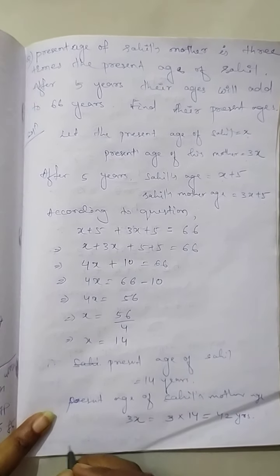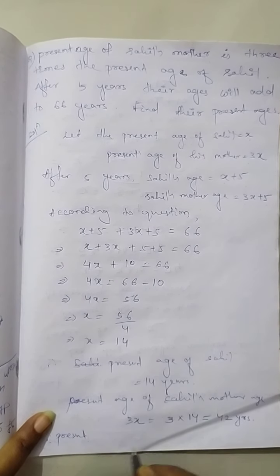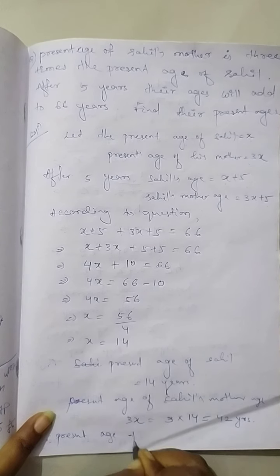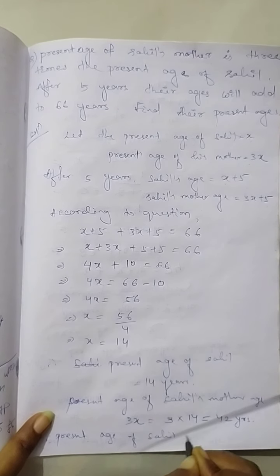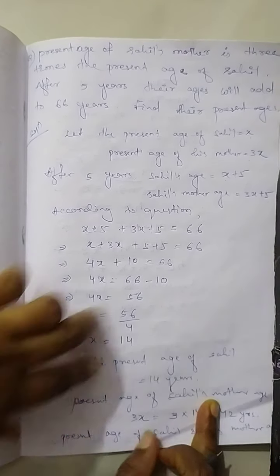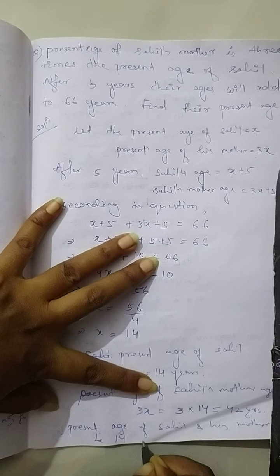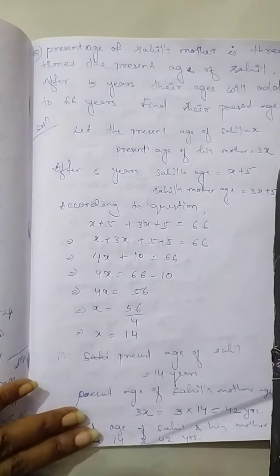Hence the present ages of Sahil and his mother are 14 and 42 years.